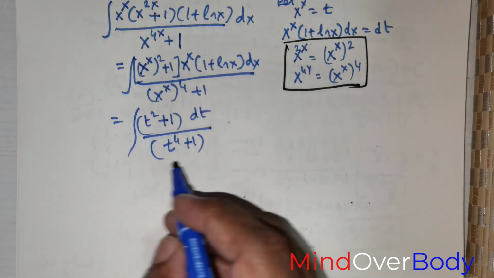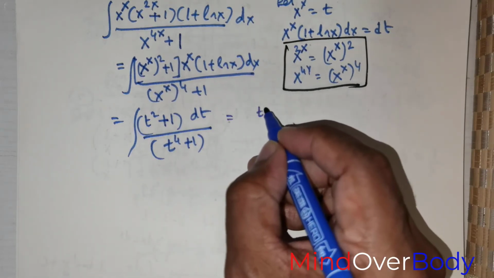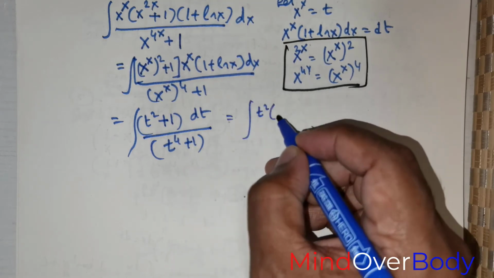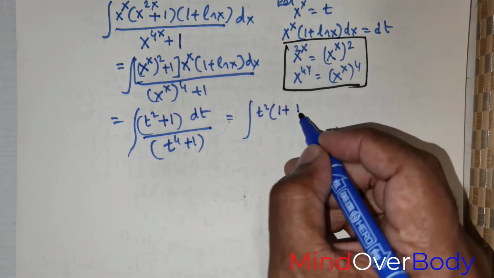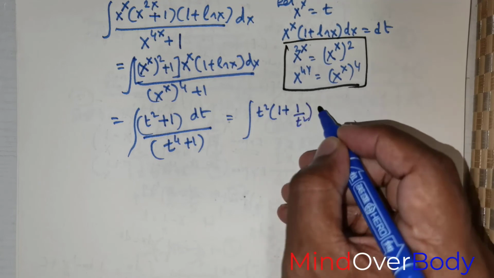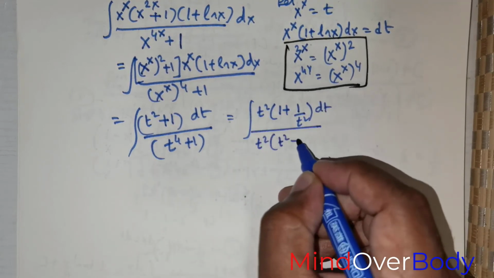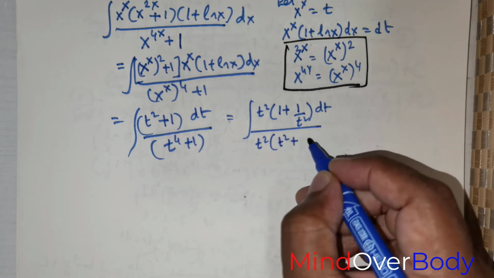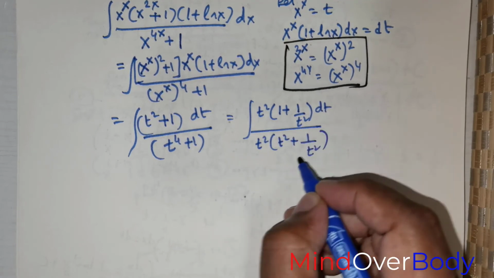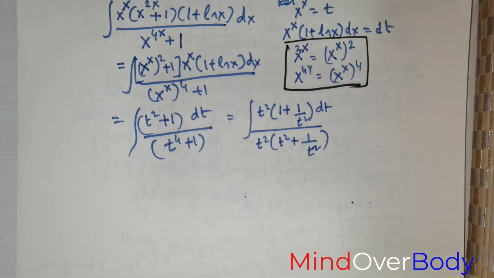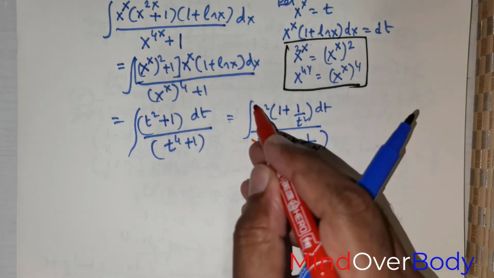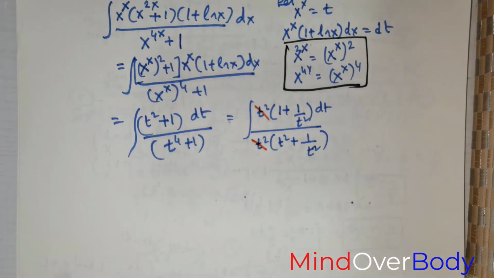So what we need to do is we need to take t squared out. So if we were to take t squared out, this is going to be 1 positive 1 over t squared times dt divided by, I'm taking t squared out, so this is going to be t squared positive 1 over t squared. So clearly the t squared that you see here can be cancelled.